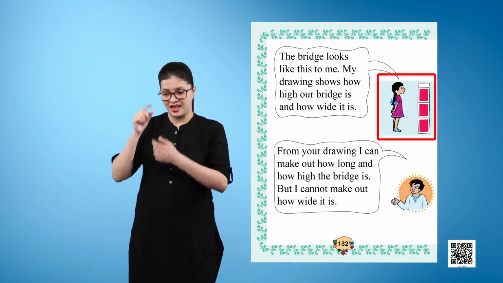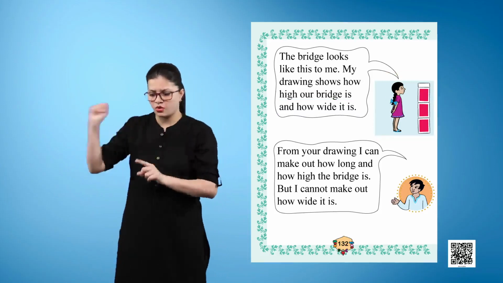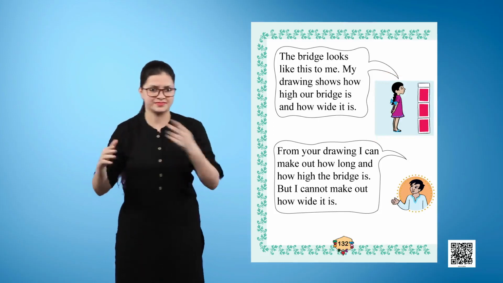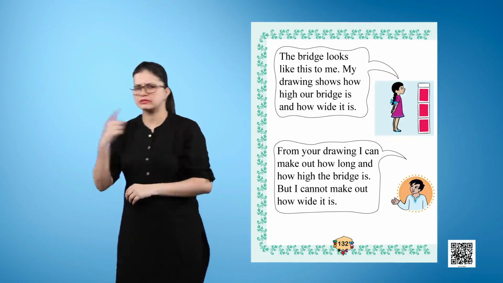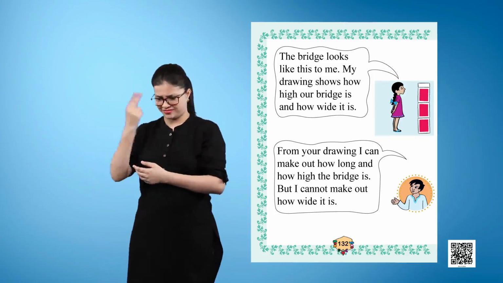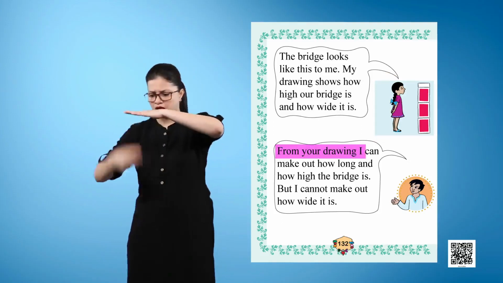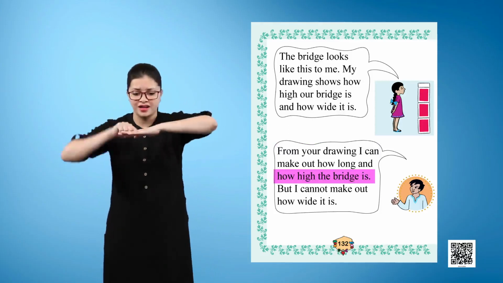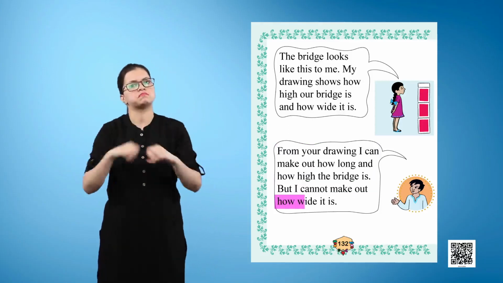Now we see things from the perspective of Pratigya, and what we see is represented in a box in front of her. To this, Bhaskar says, "From your drawing I can make out how long and how high the bridge is, but I cannot make out how wide it is."